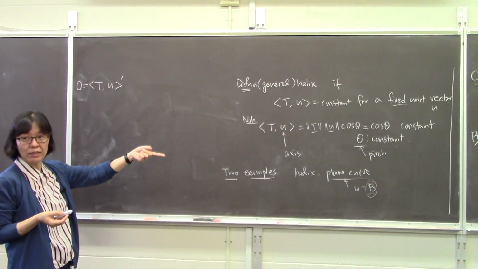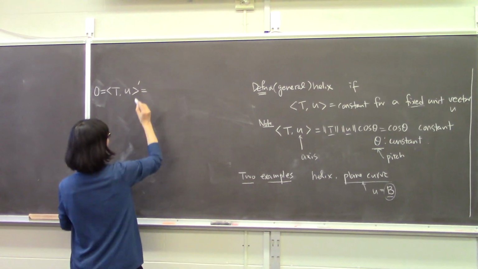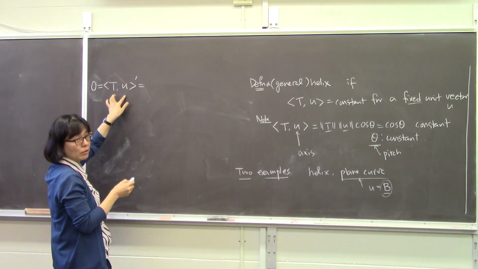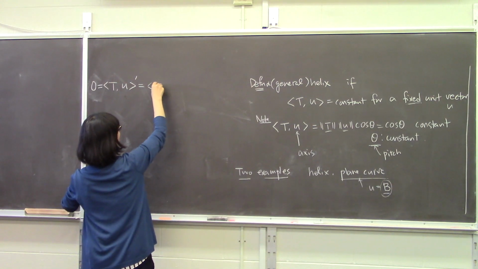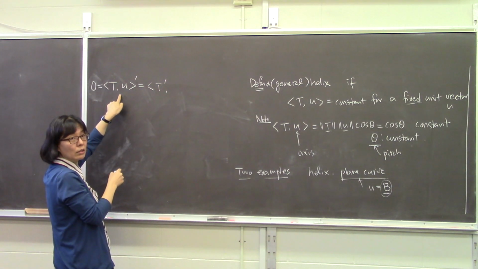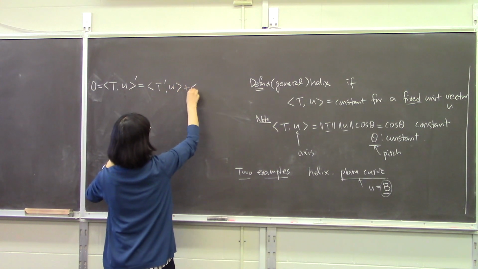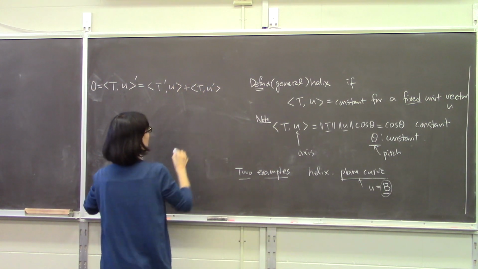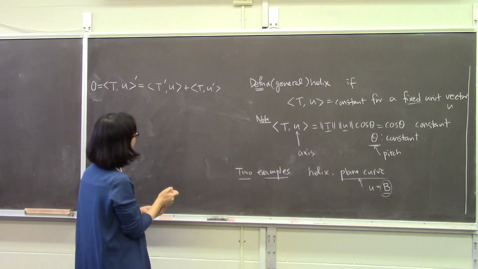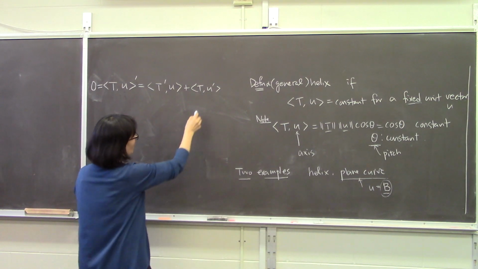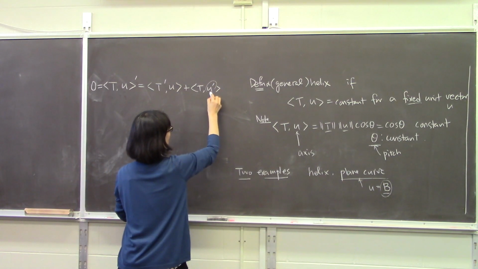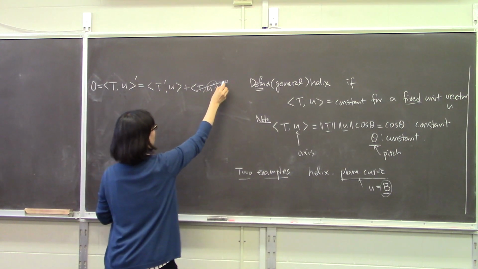By the definition of helix. So we know that the derivative of the product, by the product rule, is plus t u prime. And we know that this is 0 because it is a constant vector, so this term is 0.